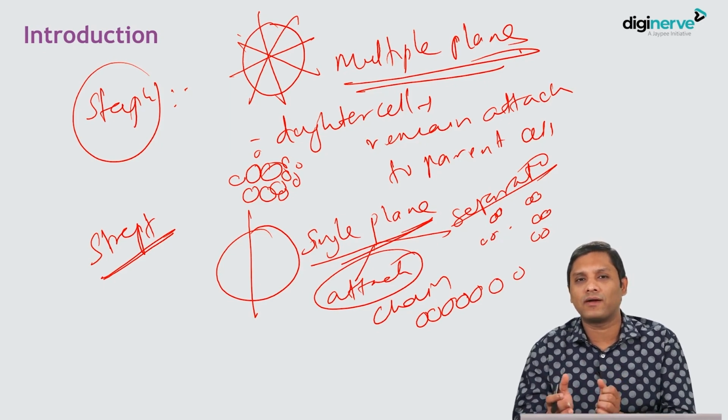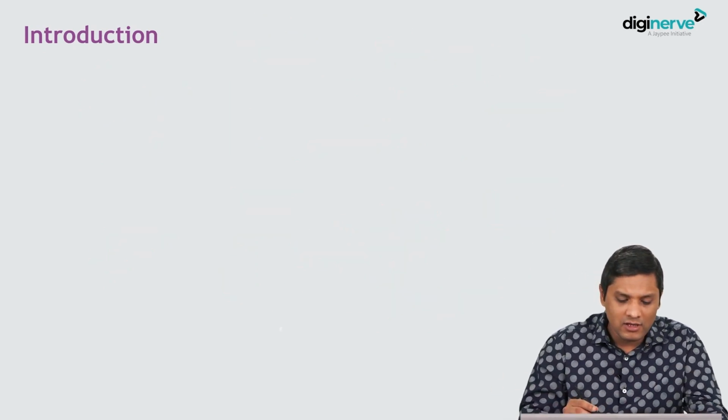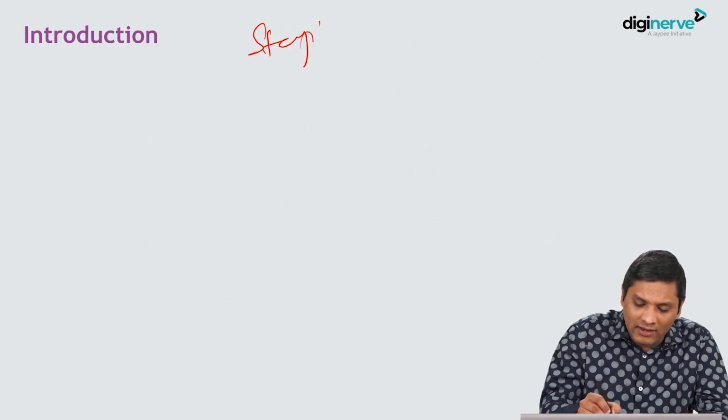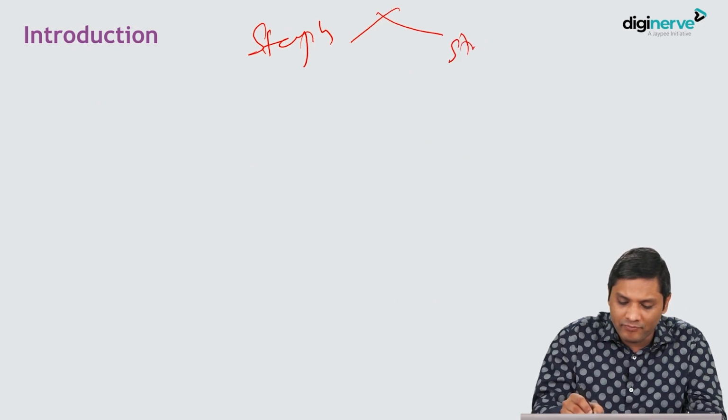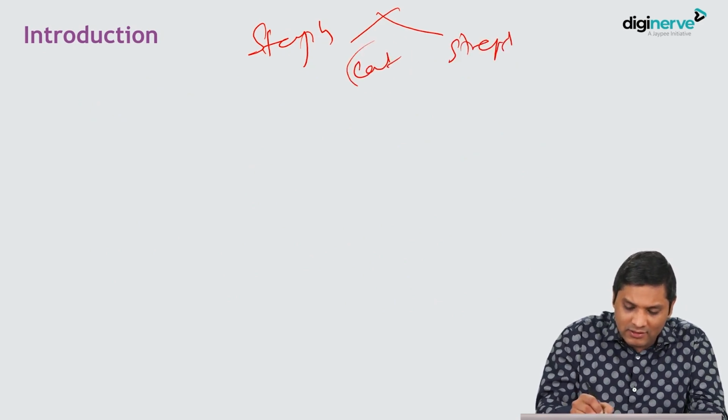If they attach to the parent cell, they form a chain. So the test to differentiate Staphylococcus and Streptococcus is the catalase test.